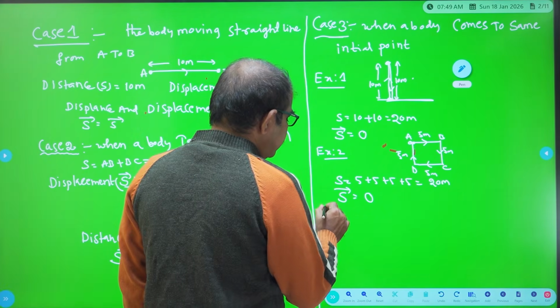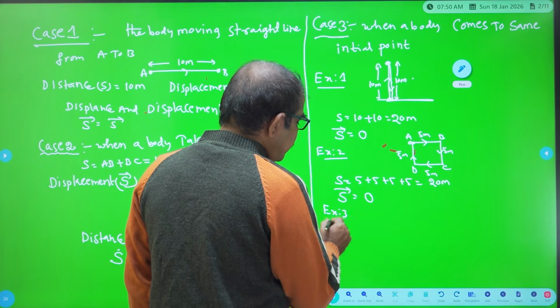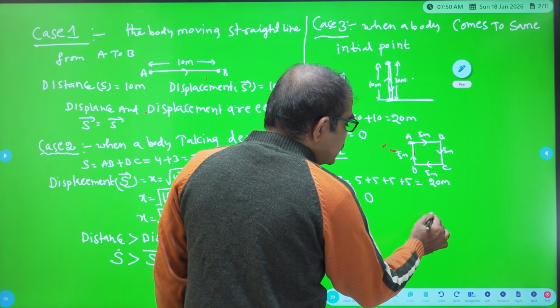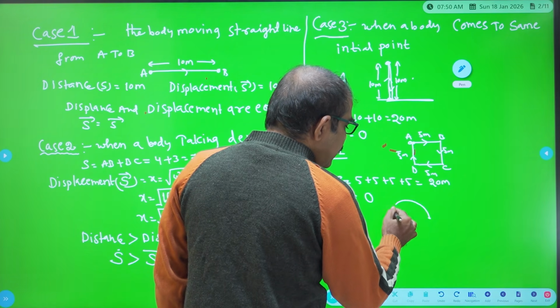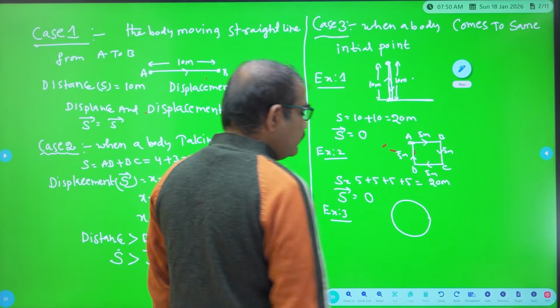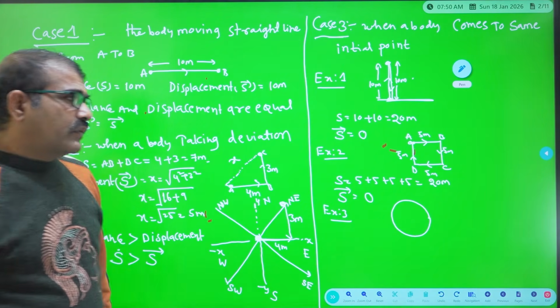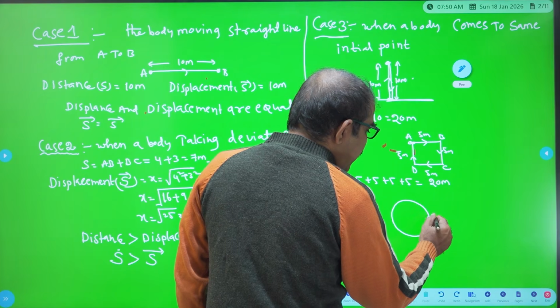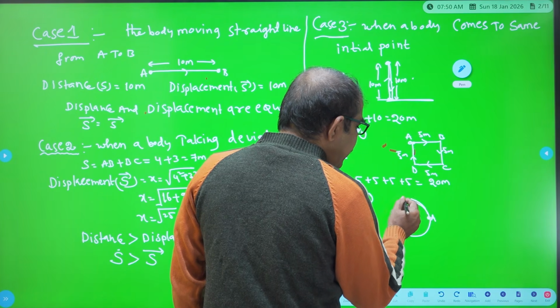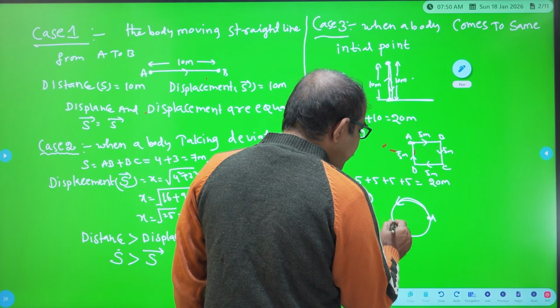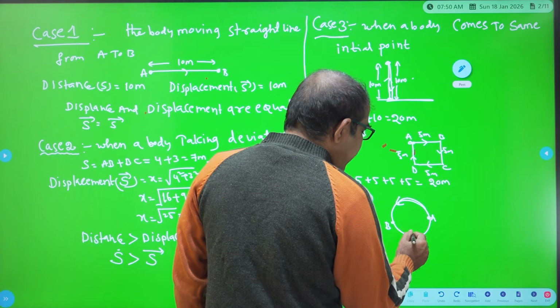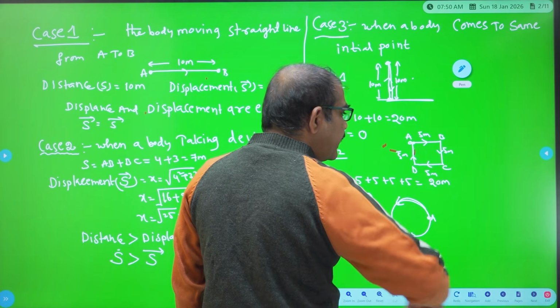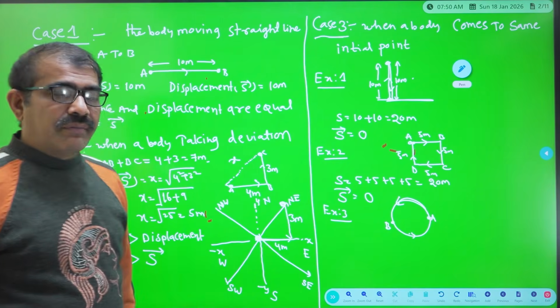Next, example 3. The body starts at the point A and completes one circle. The initial point is A and it reaches from A to B, again reaches B to A. The body completes one circle.